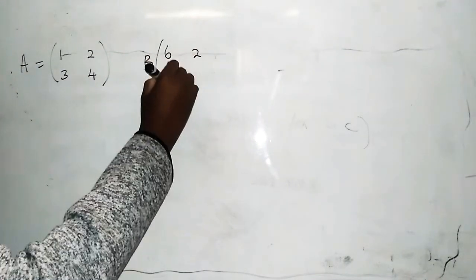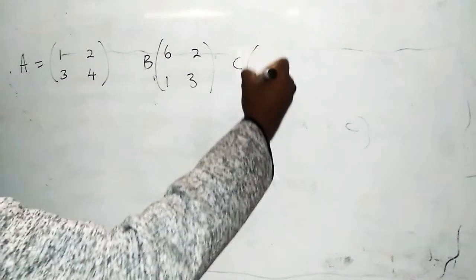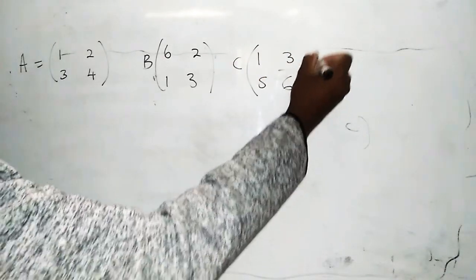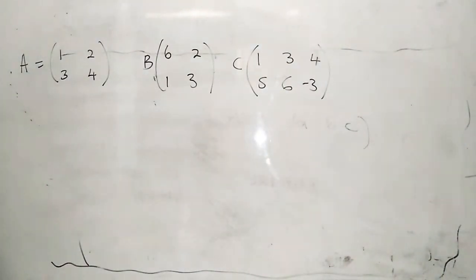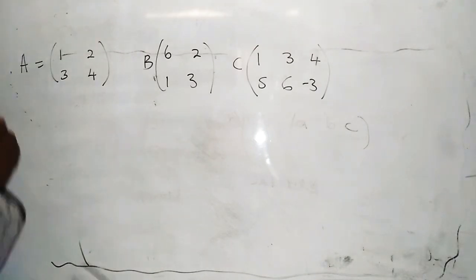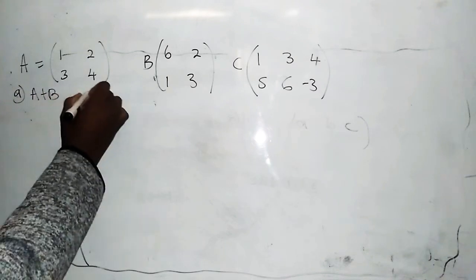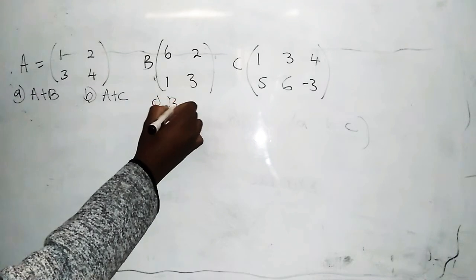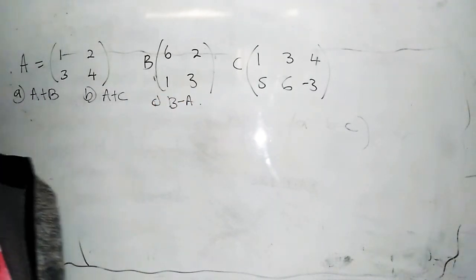And then matrix C, this is our matrix C, it's 1, 3, 4, 5, 6, minus 3. That's our matrix C, okay? And the first part of the question says, find A plus B. They want us to calculate A plus B. The second question, A plus C. The third question, B minus A. How are we going to do that? How are we going to simplify this one?